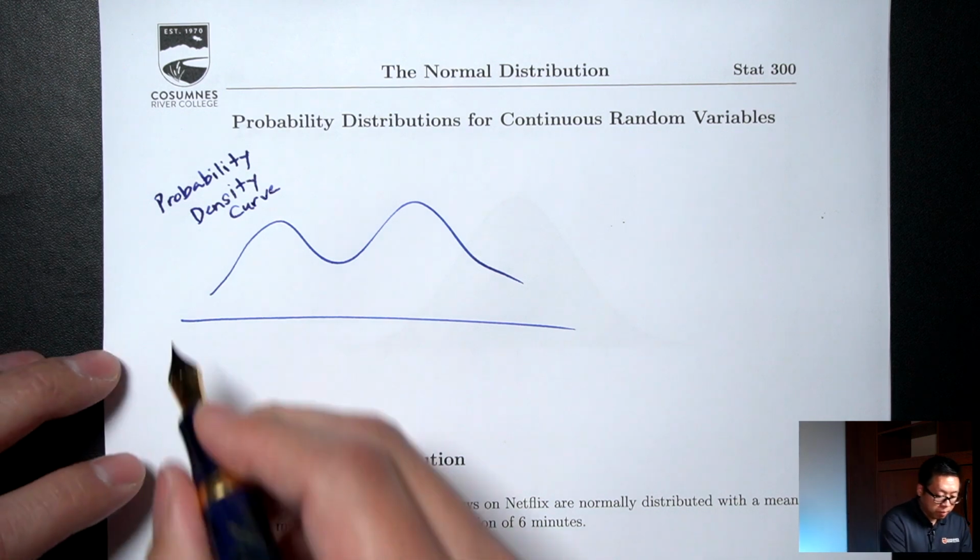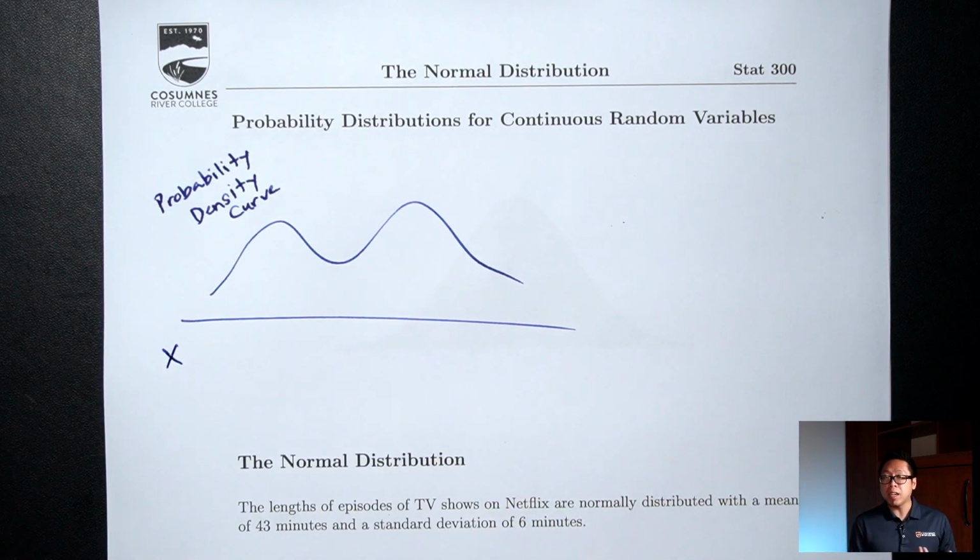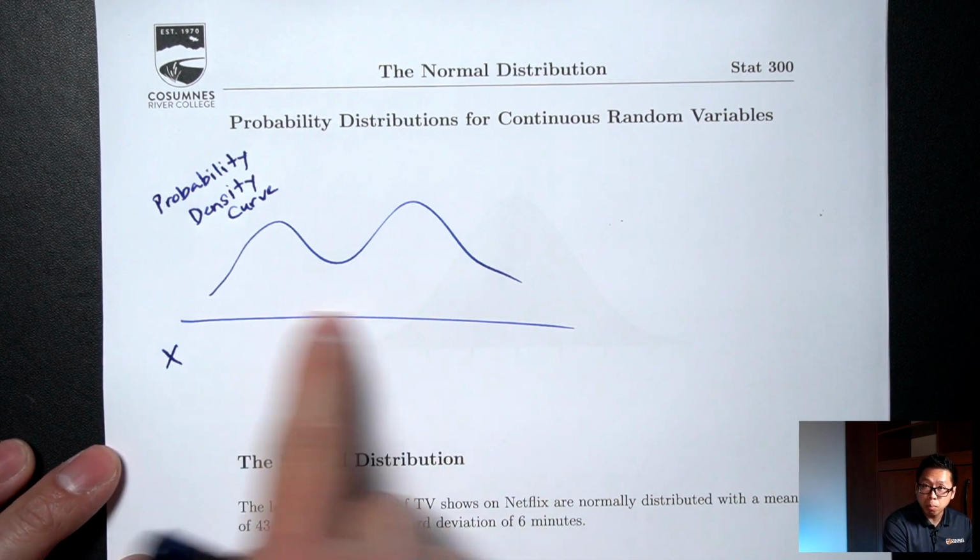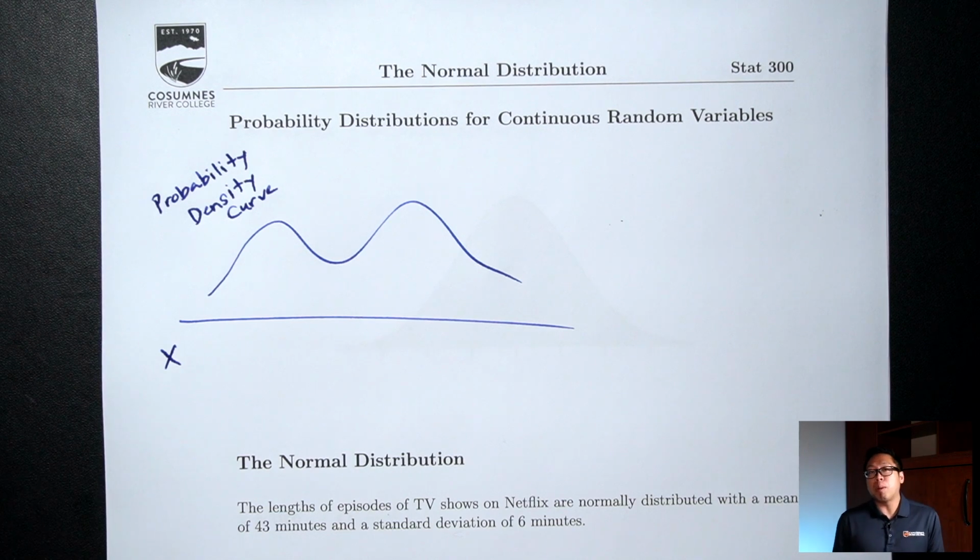On the x-axis, that represents all the possible values of x. So instead of listing out individual possible values of x, the possible values of x are now represented with a number line. And how do we represent probabilities? Probabilities are going to be represented by the area under the curve.